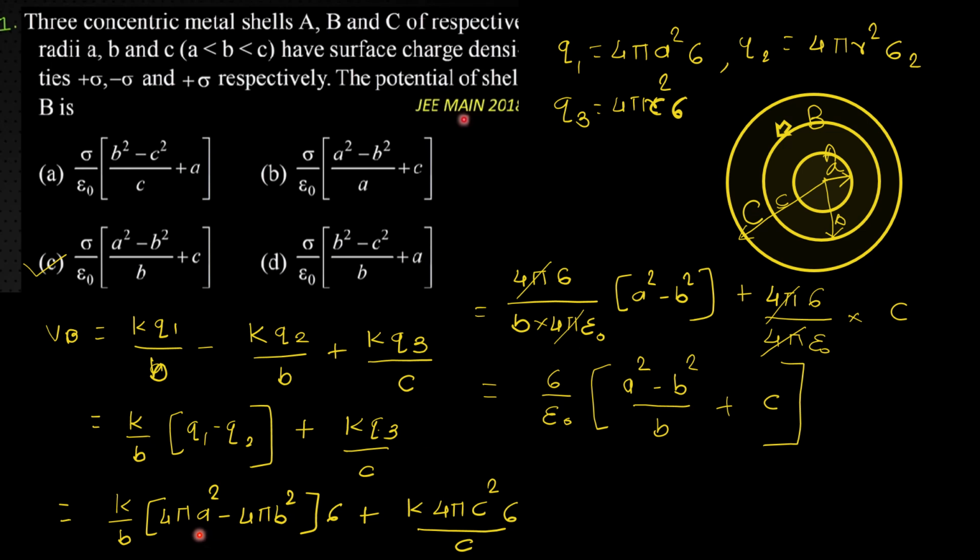In the bracket what will remain? a square minus b square plus, 4 pi c square, and c will cancel. So sigma upon epsilon naught remains. So sigma upon epsilon naught times a square minus b square upon b, plus c. So the option is C.